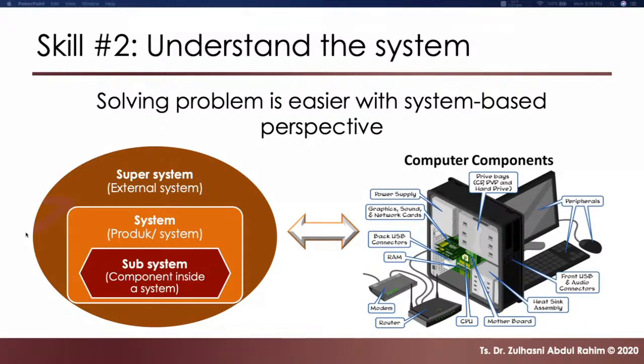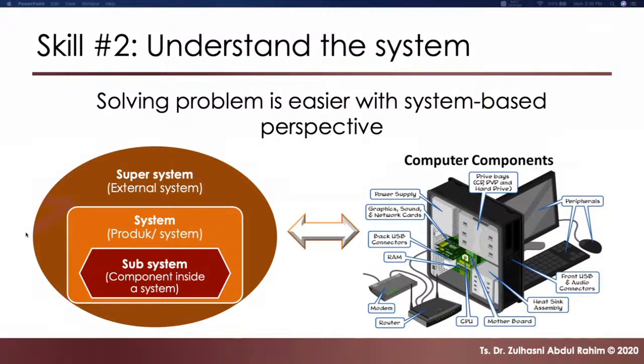Then we have subsystem, which is the component of the system. For example, in the computer we have monitor, keyboard, CPU, power supply, and so forth. These are the subsystems, the components of the computer.